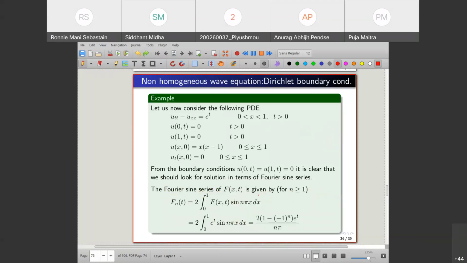So that's why I have computed here the Fourier sine series of this function e to the t. Notice that this is just going to be the Fourier sine series of 1 multiplied with e to the t, so the e to the t is just going to come out. So this is my f_n(t), the nth Fourier coefficient.